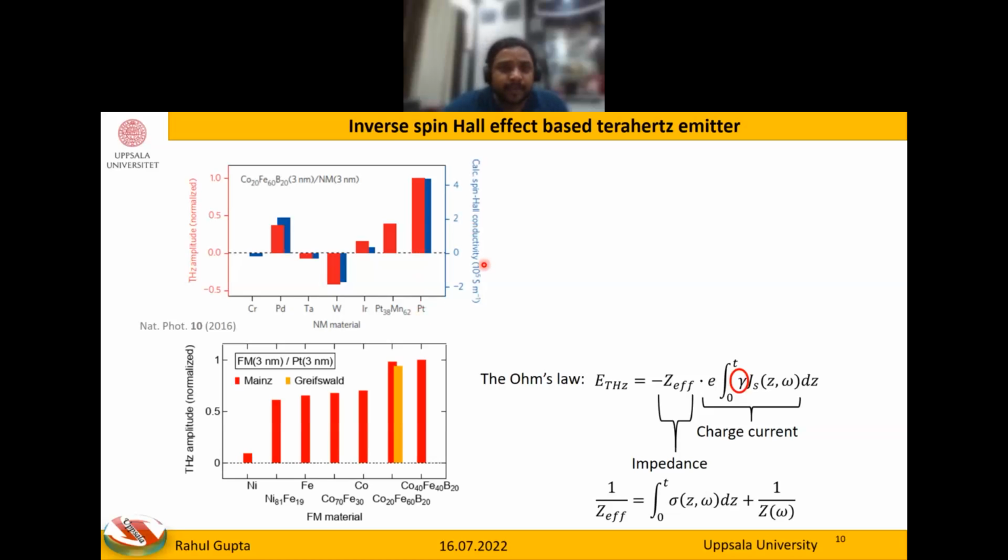By keeping platinum as the non-magnetic layer, they also varied the ferromagnetic layer, and what they see is that the ferromagnetic layer does not have that much impact on the terahertz emission.